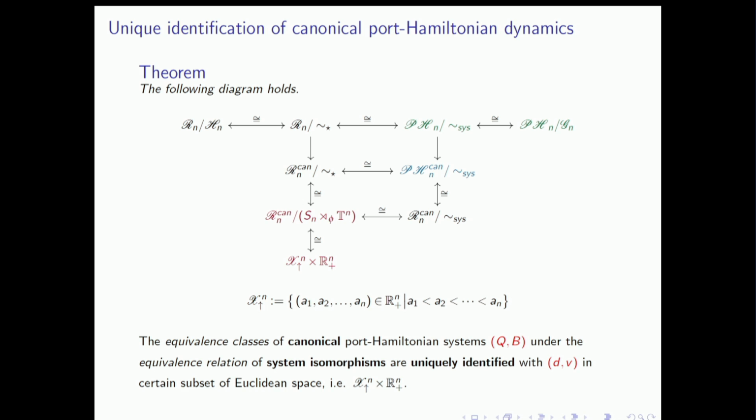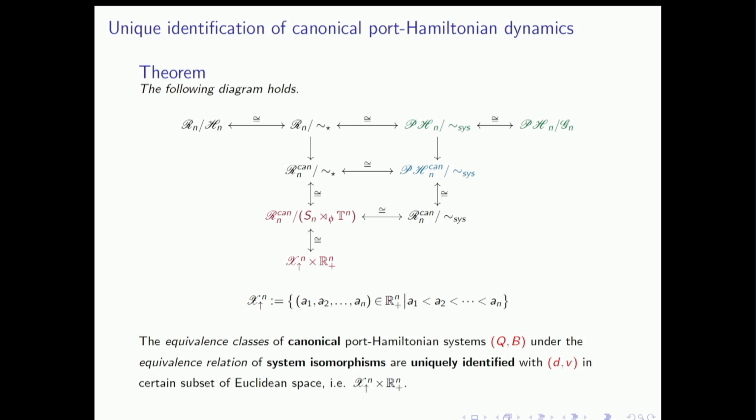This weird notation here basically means n positive numbers in strictly increasing order, because I permute them, I quotient out the permutation. So to summarize, I proved that the set of canonical port-Hamiltonian systems, quotiented by system isomorphism as the equivalence relation, is isomorphic to this Euclidean subset.